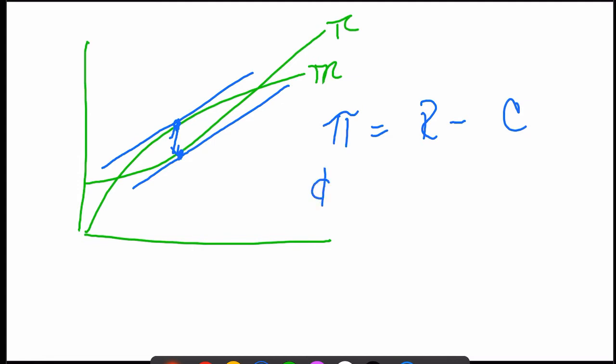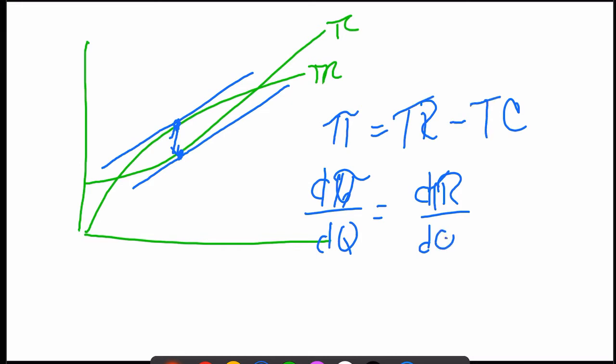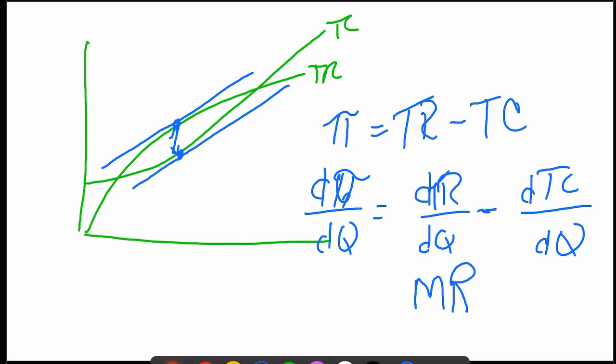Now let's take the partial of this with respect to quantity. Total revenue, total cost. Are we excited by that? We ought to be, because this is marginal revenue and this is marginal cost, and that's actually going to be 0.